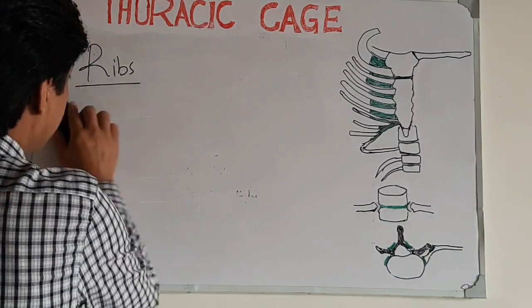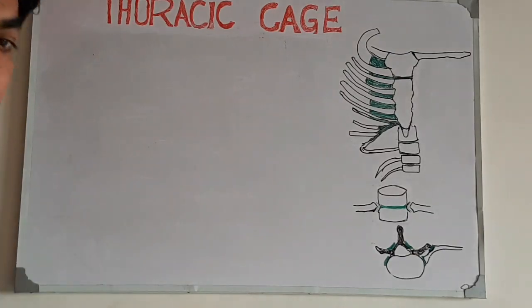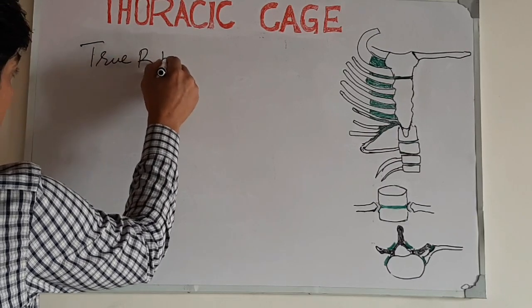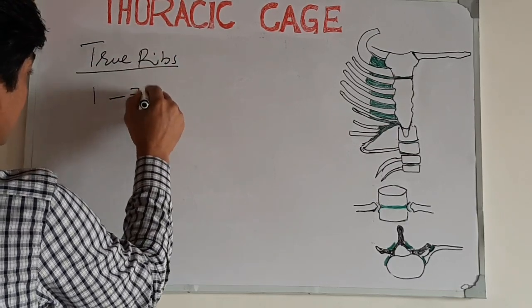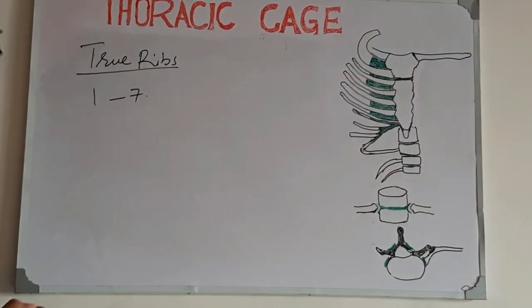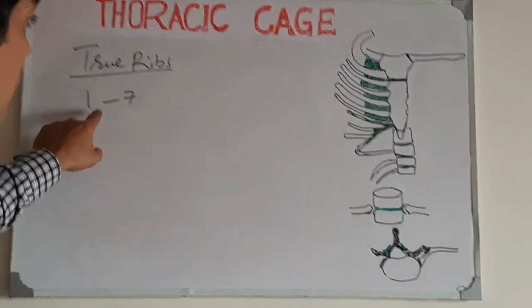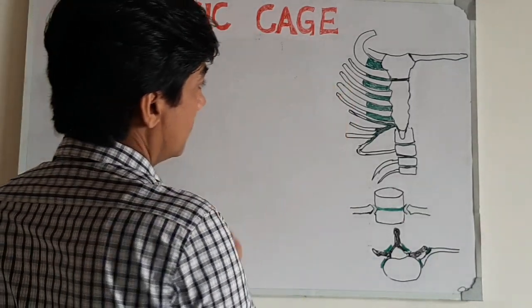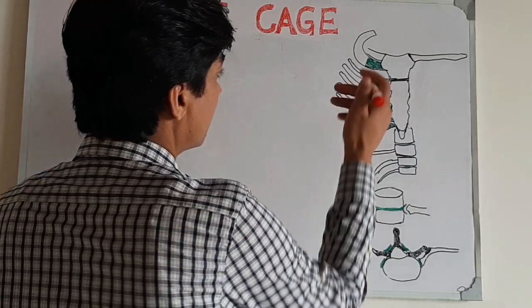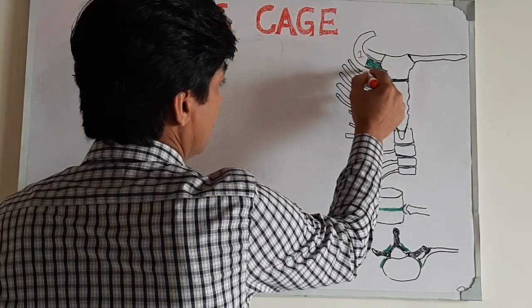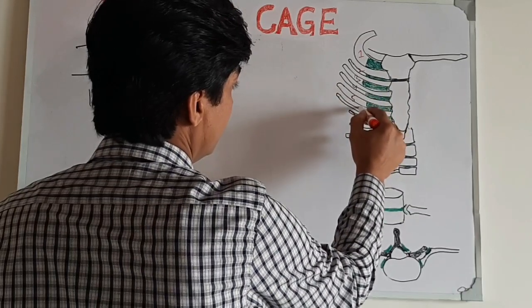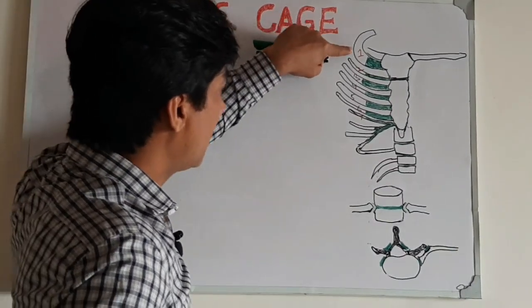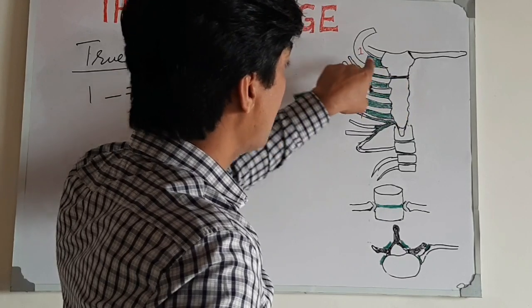First of all, we will discuss 1 to 7. Pairs of ribs 1 to 7 are directly connected with the sternum via costal cartilage.